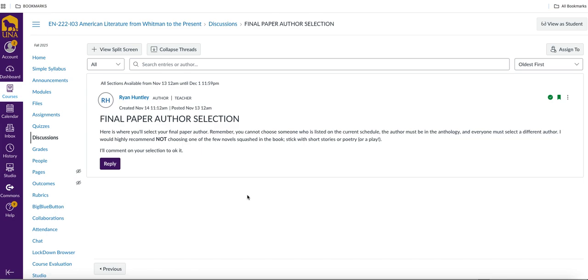It has to be someone in this anthology. Don't tell me you're going to do Edgar Allan Poe. He's American Lit 1. And everyone has to select a different author. So pick who you want here. I'll give you a thumbs up or a cool or okay or what have you. And then make sure you check beforehand that you're not doubling up on anyone.